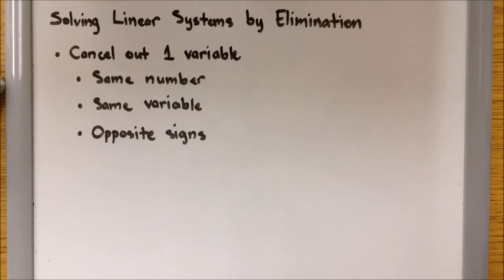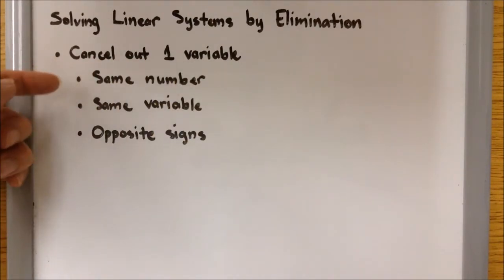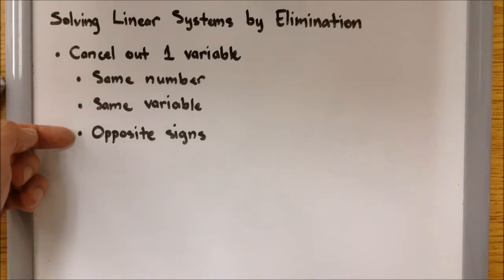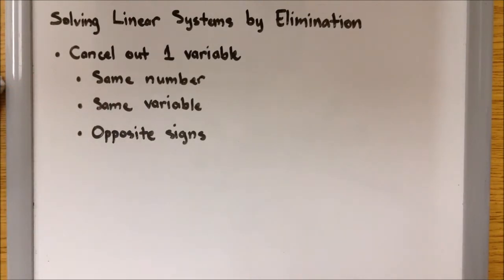Now, to elaborate on elimination, when you cancel out one variable, it has to be the same number, it has to be the same variable, and it has to have opposite sign. Just like how we solve equations, in order to cancel out a 4, you have to combine it with the opposite, which is -4. If you want to cancel out -6, you have to combine with the opposite, which is +6.